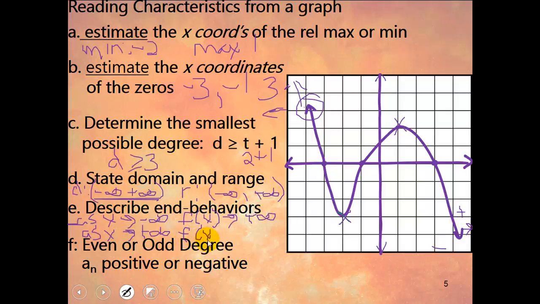F of x is going to negative infinity. Okay, even or odd degree. The ends are opposites, so based on the ends, it's an odd degree. And is our leading coefficient a sub n positive or negative? Well, if I draw a dashed line to represent just an imaginary line between those 2 points, that slope is negative, so a sub n is going to be negative.